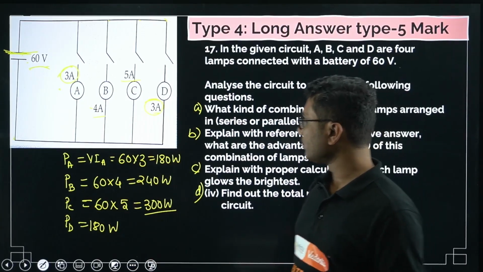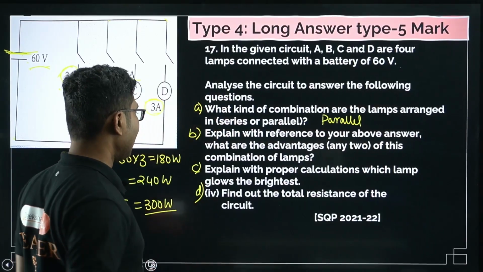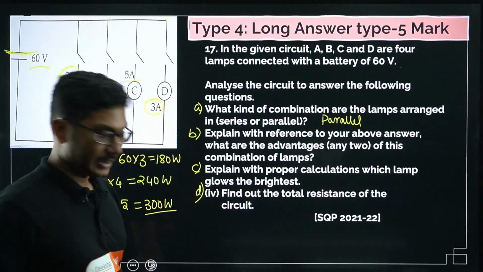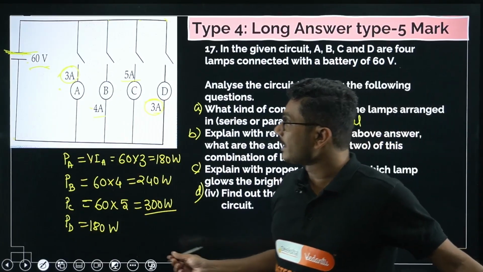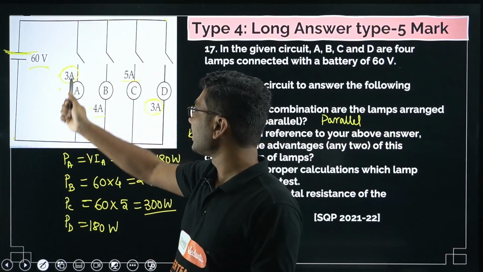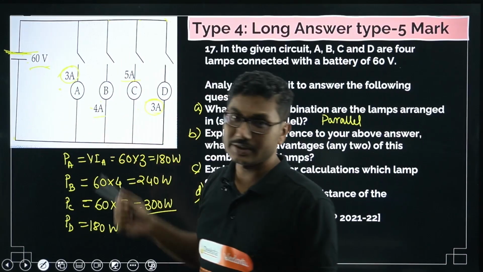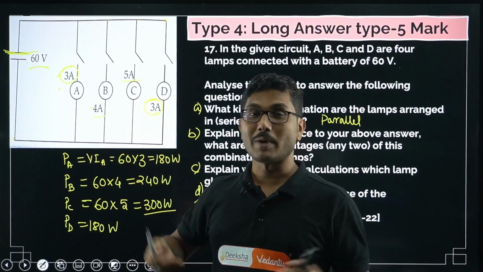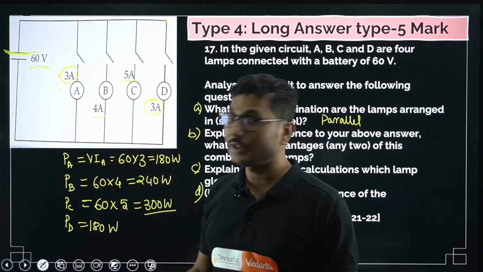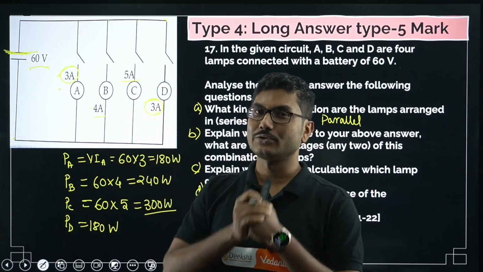Now they have asked you to calculate the total resistance of the circuit. Now you might think, okay, this is a difficult question. Total resistance means I have to calculate the resistance of all these individual resistors, then add the resistors in parallel combination. Oh my god, that is a very long problem. Actually no, there is a trick to solve this question.